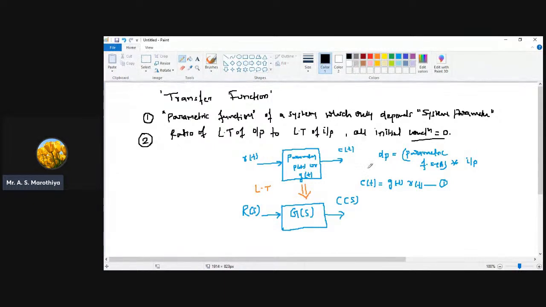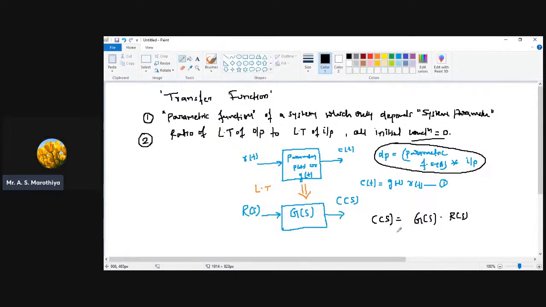Now again we need to write the relationship between response, parametric function and input through the same mathematical equation which we defined in the previous case. So I can write here: response, or you can say output, is equal to the parametric function of the system times the input, which is nothing but R of s.